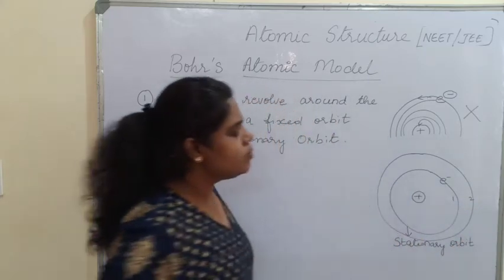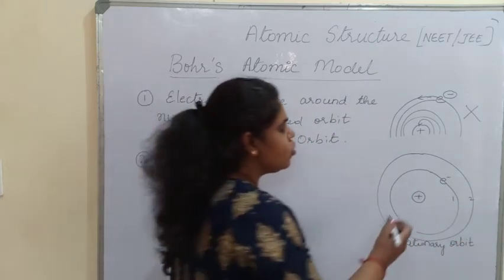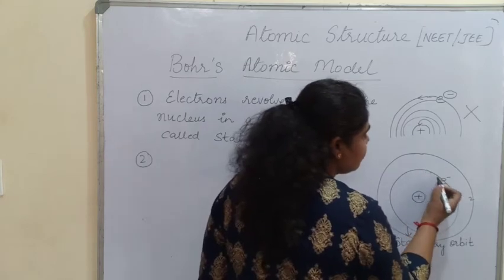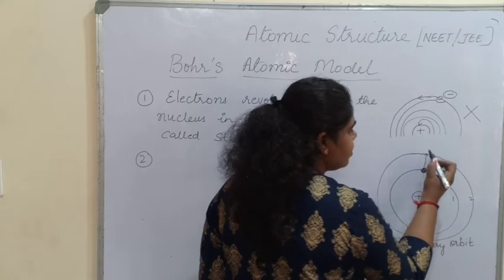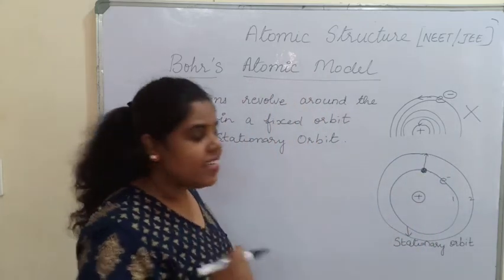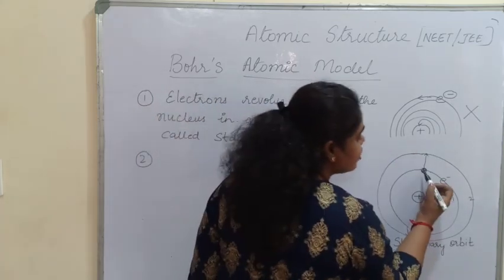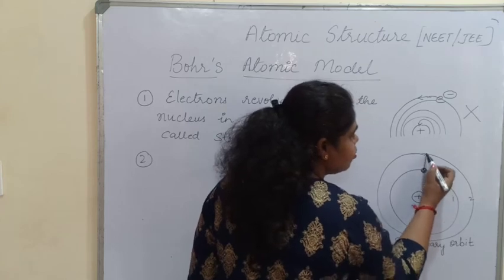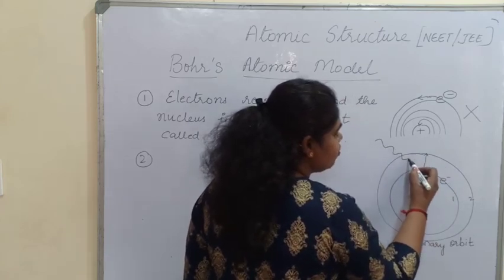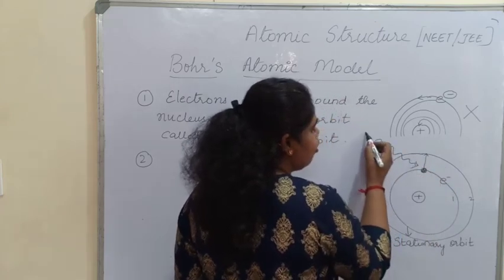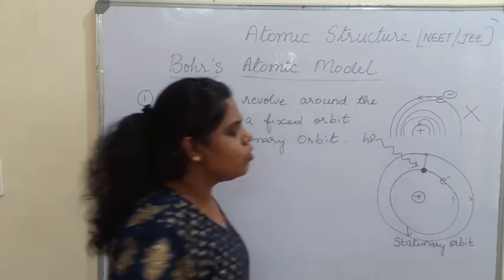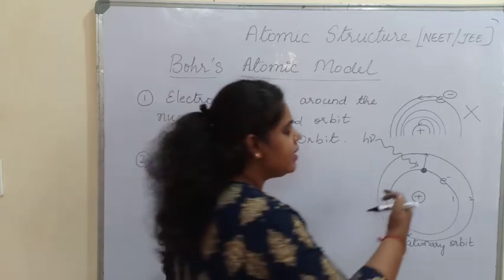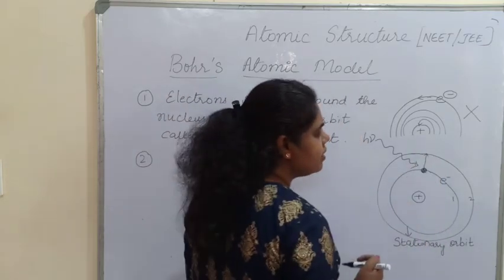When the electron jumps from the first orbit to the second orbit, it gains energy. Only then can it jump from the first orbit to the second orbit. That is, energy should be supplied here, in the form of a photon.